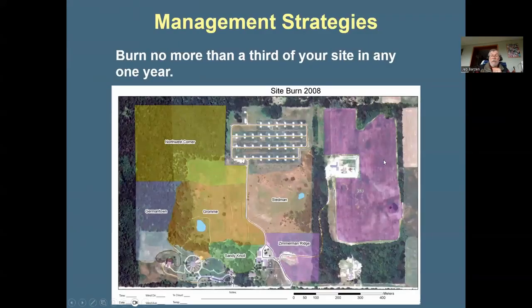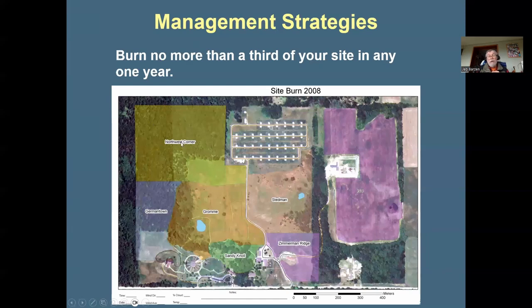So, management strategies you can have: if you look at the International Crane Foundation, most of these management units contain woods and grass, woods and grass, in each of these areas. So my management strategy was to burn from oak forest at a high canopy coverage to oak forest with zero canopy coverage, otherwise known as prairie.